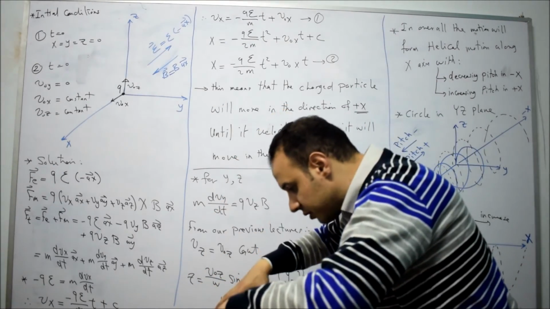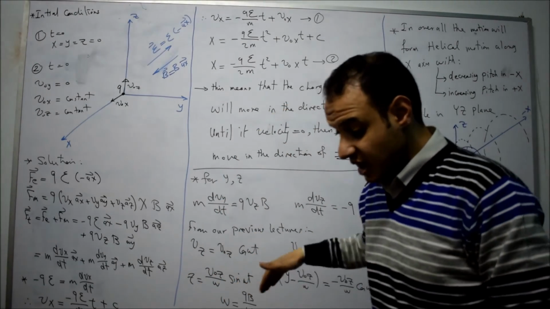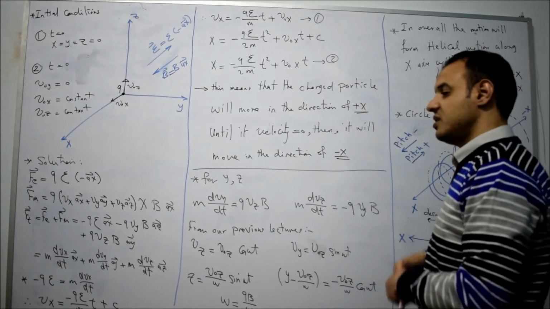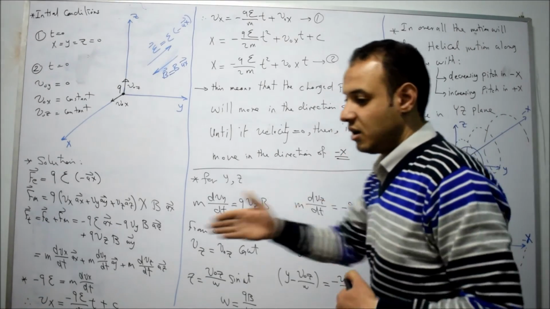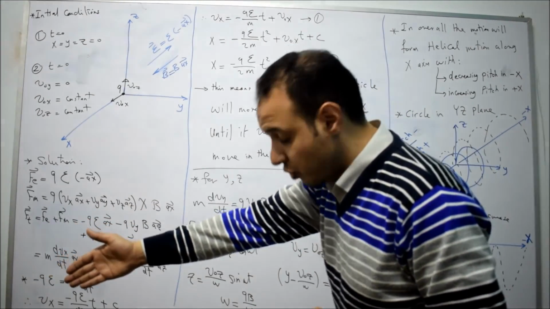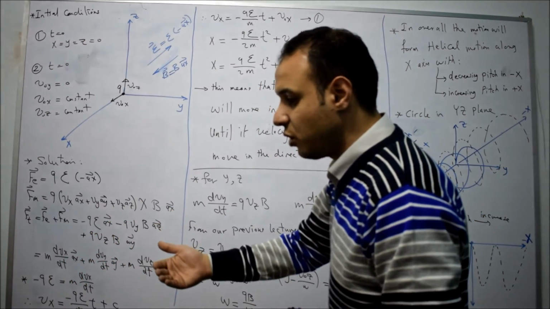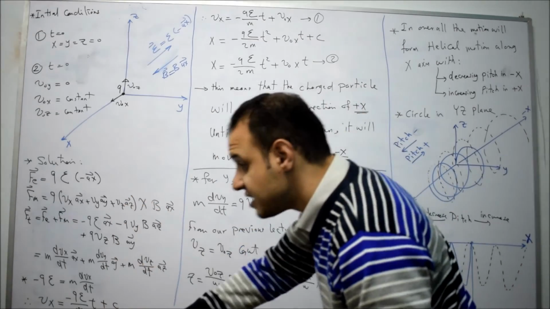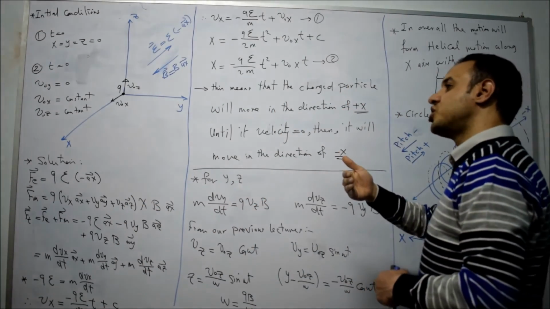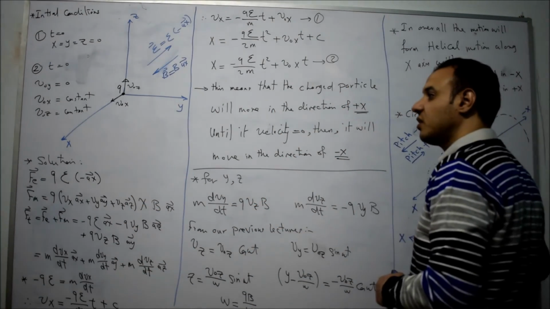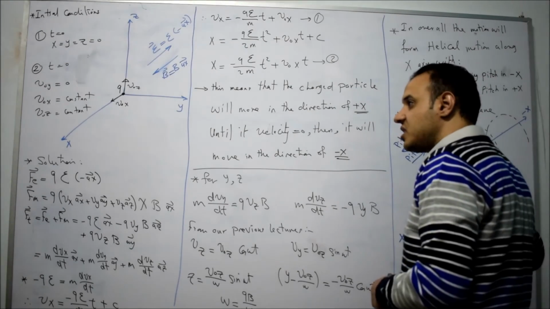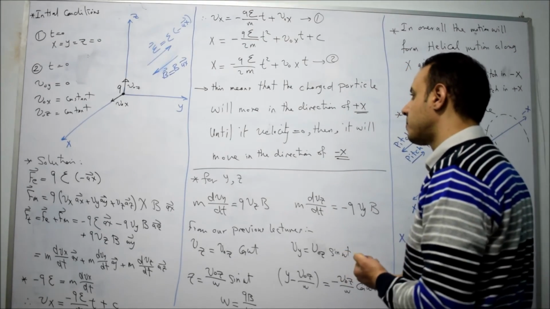If we look along the x-axis, we see the particle once goes in the direction of positive x with decreasing velocity, and then at some point this velocity will reach 0, and the charged particle will go back from this point along the minus x-axis with increasing velocity.